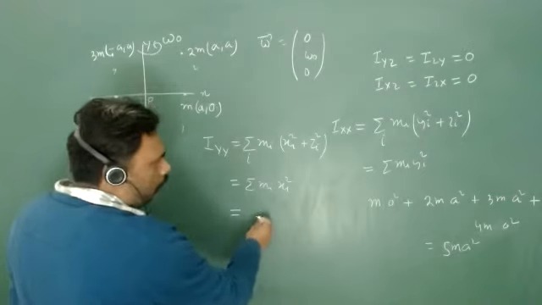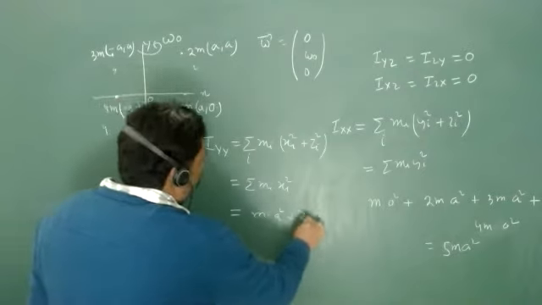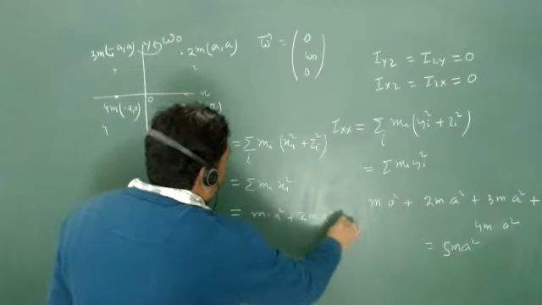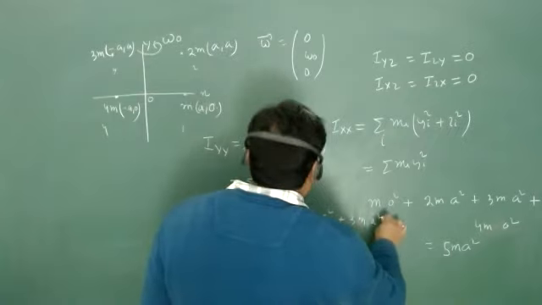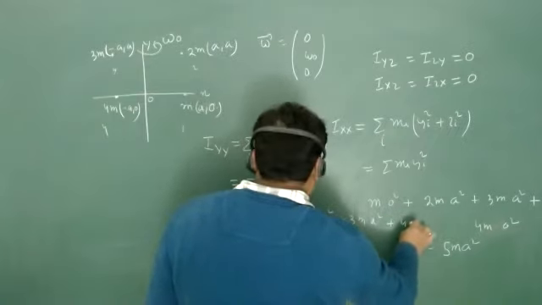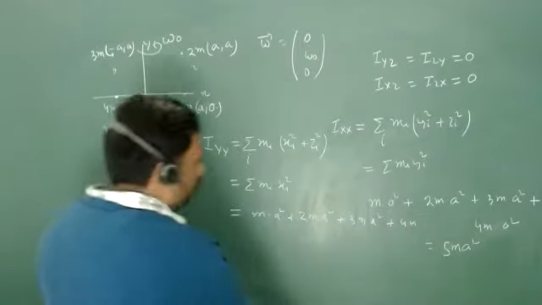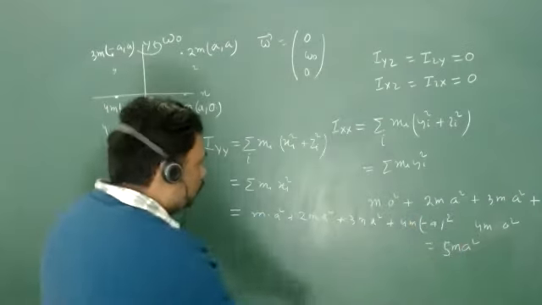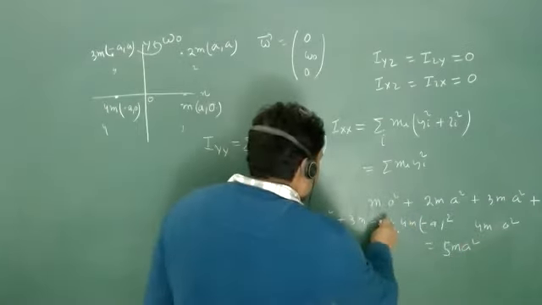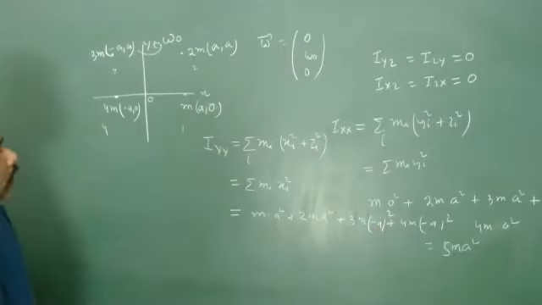You have basically m into a square, 2m into a square, plus 3m into again a square, plus 4m into minus a square, which will be a square only. Okay, is that okay?